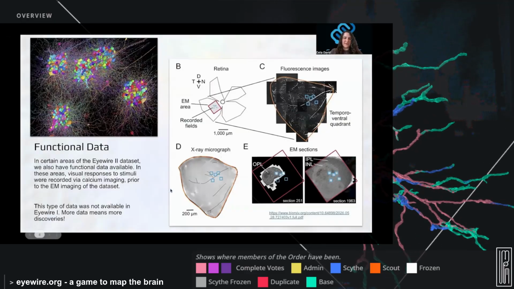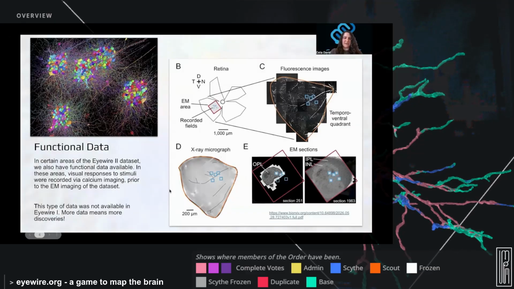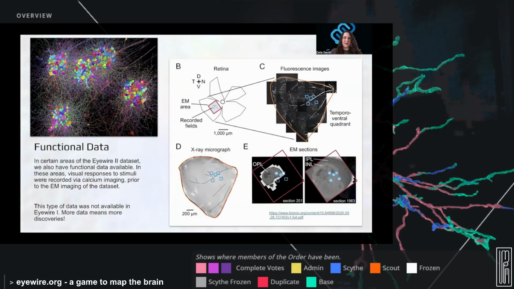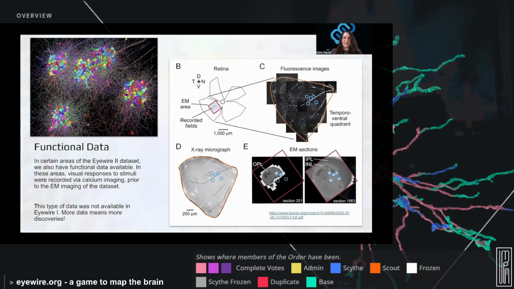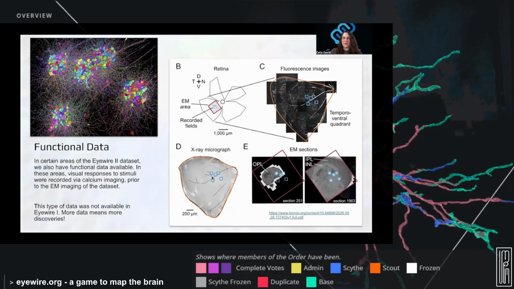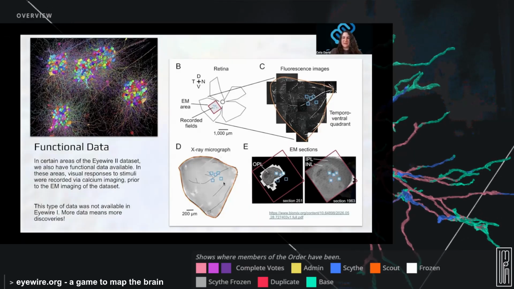So another benefit of EyeWire 2 is that it contains functional data. So these small clusters that you see here, which are part of the data set, are also visualized in the graphic over here as these blue boxes.